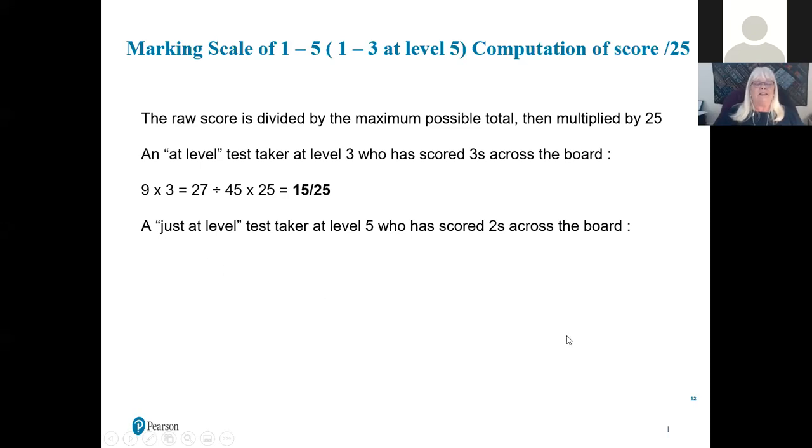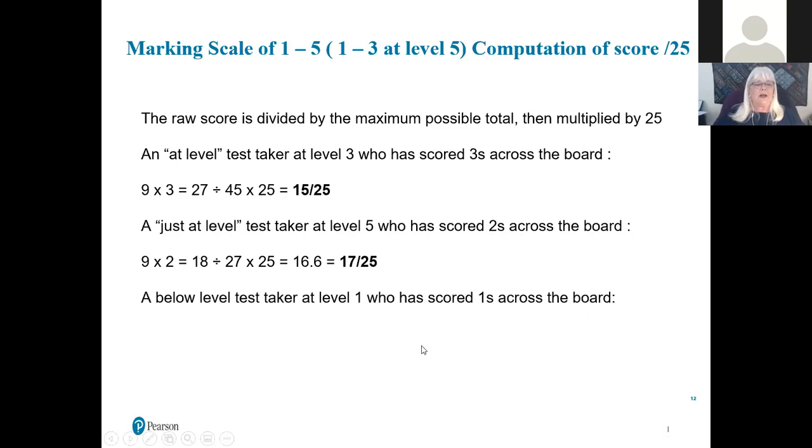Then a just-at-level test taker at level 5 who has scored 2s across the board. 9 traits, if you remember, multiplied by a mark of 2 for each one gives 18. That's divided by 27, multiplied by 25. It gives us 16.6, and that's rounded up to 17 out of 25.